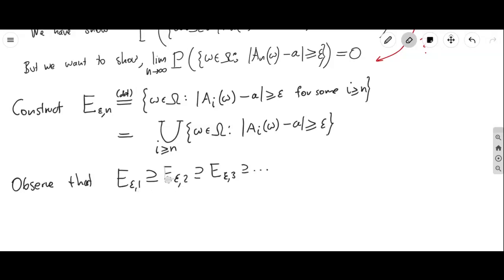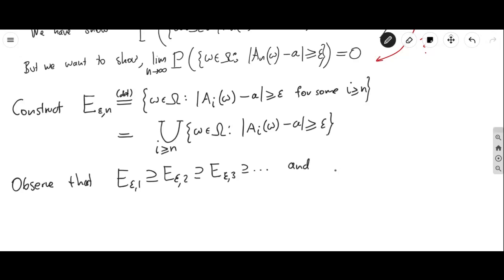Now, if you have an integer that is greater than 2 and it satisfies this inequality, then whatever that integer is, it's also greater than 1. So any sample point that falls in there falls in there. And for the same reason, if you have a sample point in here, then that means there exists some integer bigger than 3 for which this inequality is satisfied. But if that integer is bigger than 3, then that integer is certainly bigger than 2. So this is a decreasing sequence of events.